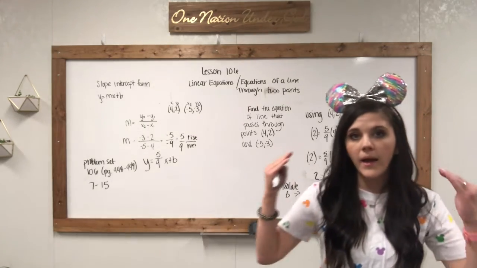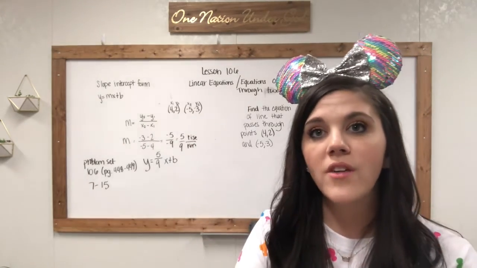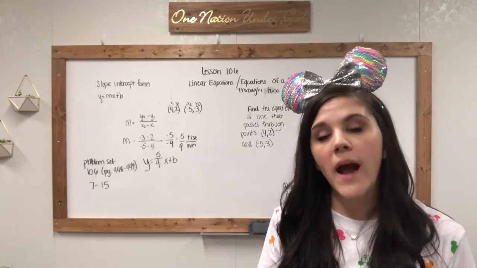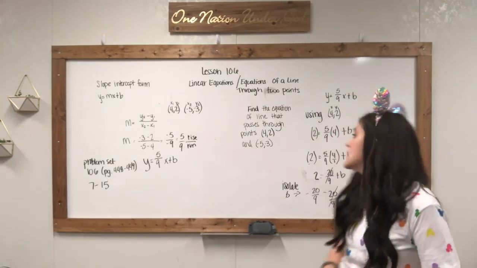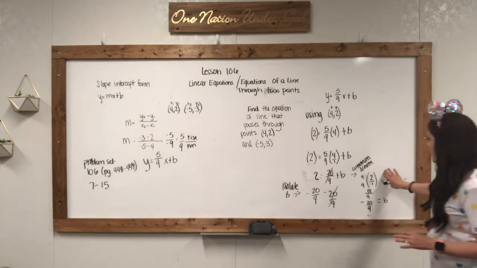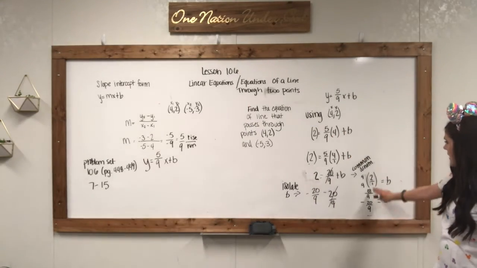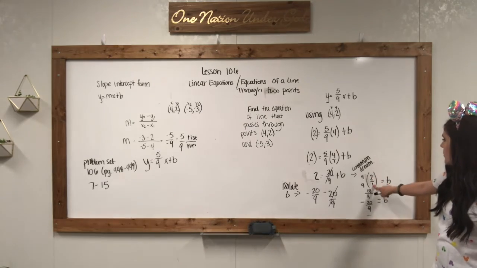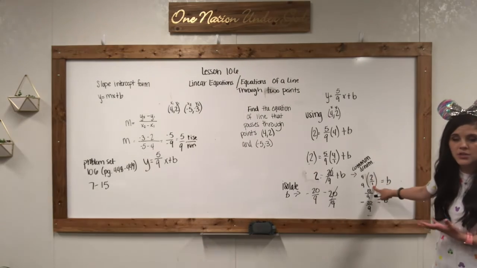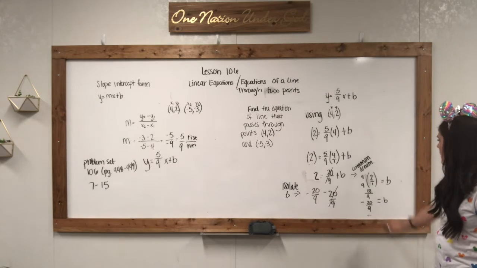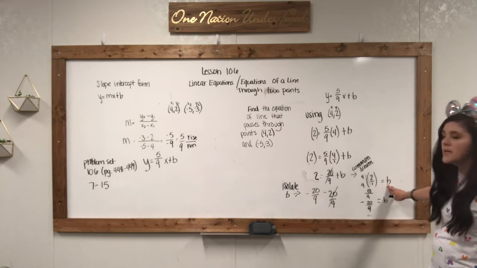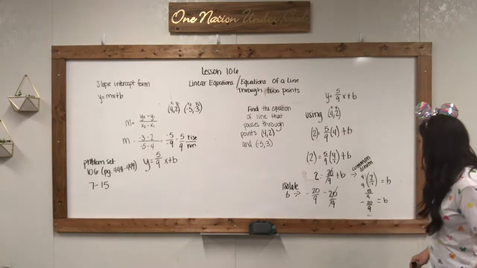If you can think back to your rules of adding and subtracting fractions, we have to have a common denominator when we add and subtract fractions. So I've come over here to the side, and I've taken that 2 and I put it over 1 because I want to make it into a fraction in order to make it easier to solve. So I've got 2 over 1 equals b because that's all that was left on this side of the equation.